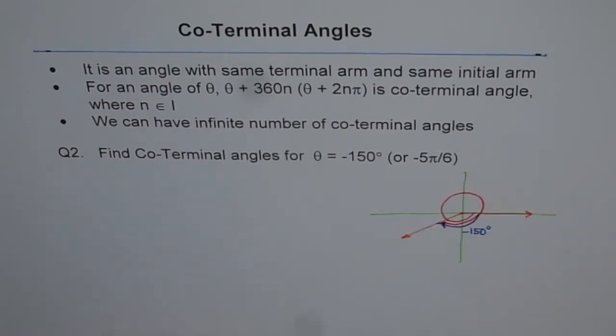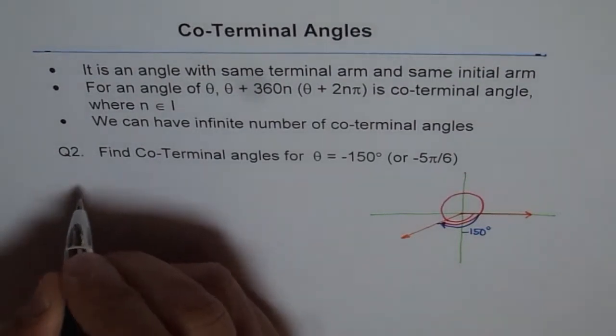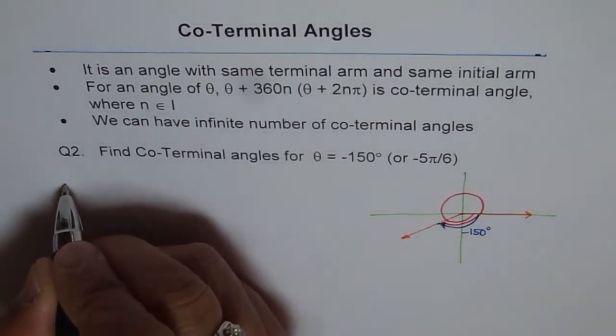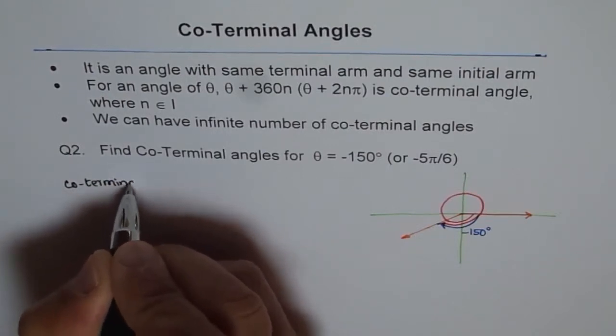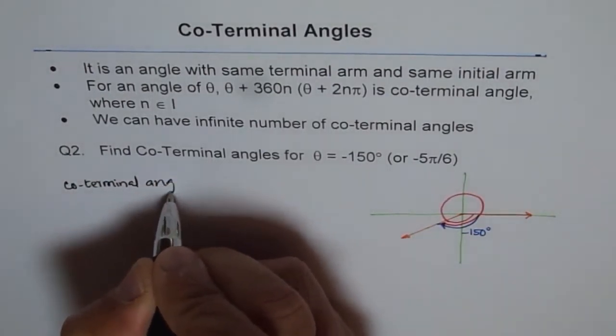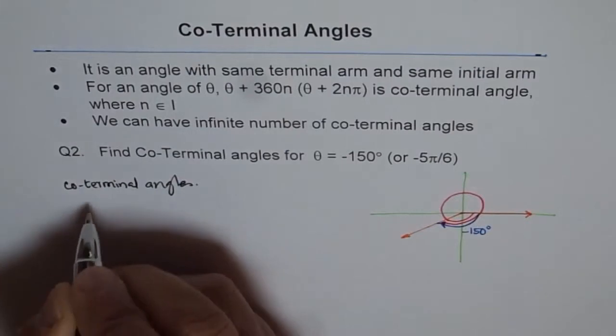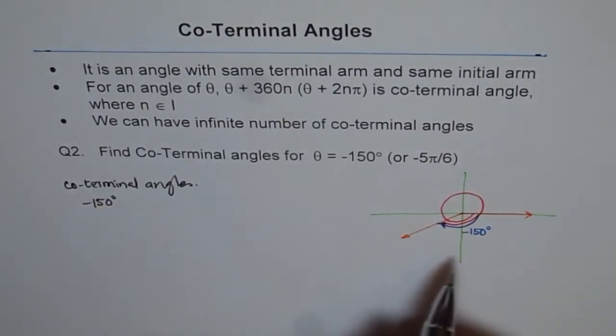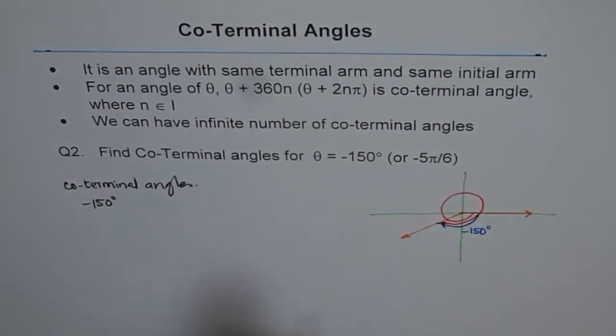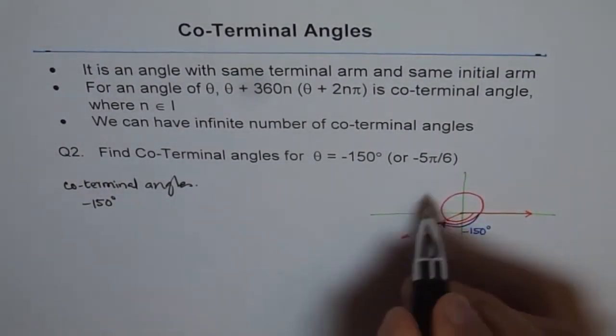So we can write some answers now. Like the coterminal angles, let's say coterminal angle will be minus 150 degrees, and then let's keep on adding 360 to it. That means we are going clockwise.